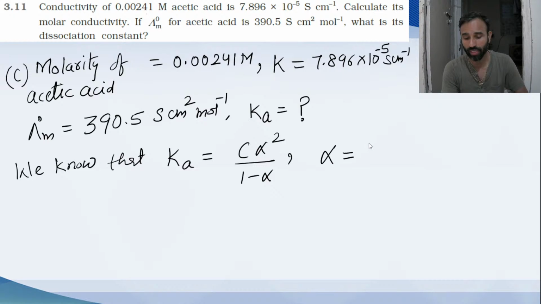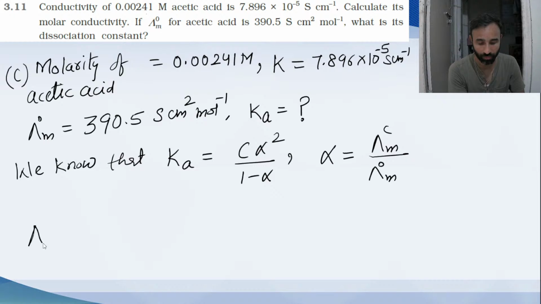And alpha is equal to lambda m c divided by lambda m naught. Lambda m naught is given to you, that is 390.5 S centimeter square per mole, and lambda m c we have to calculate.